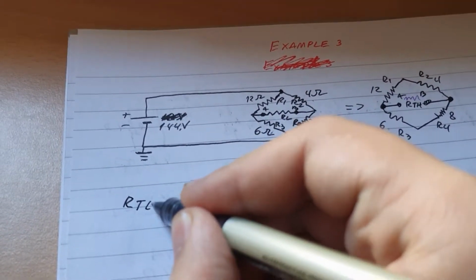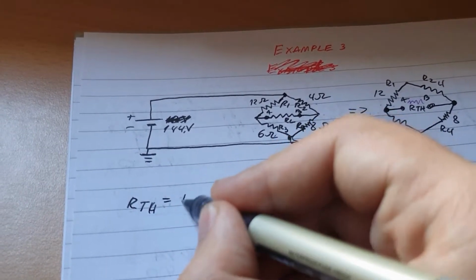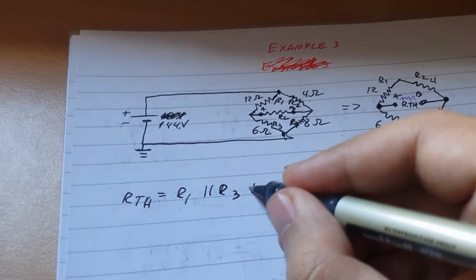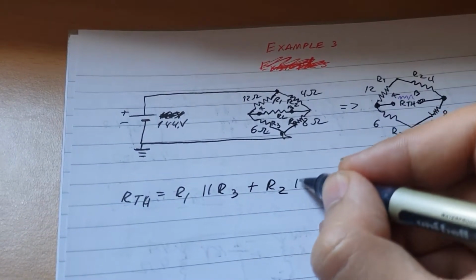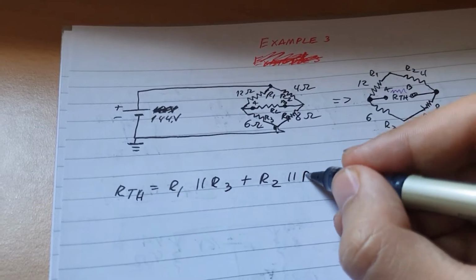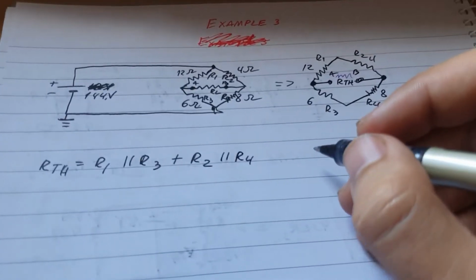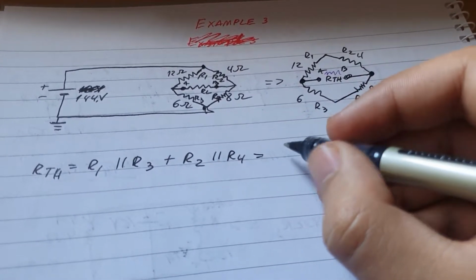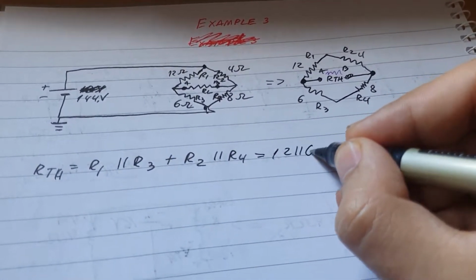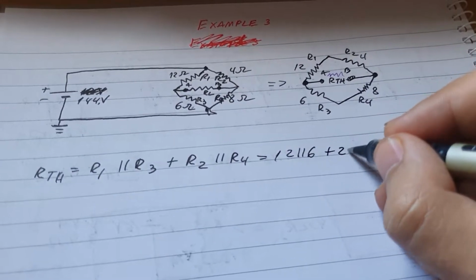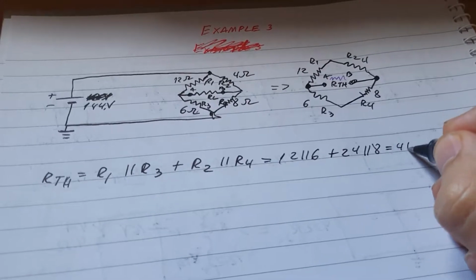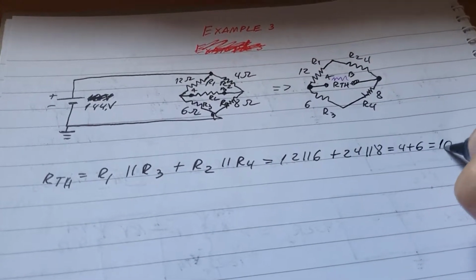So we can write R_TH equals R1 in parallel with R3 plus R2 in parallel with R4. So this will be equal to 12 in parallel with 6 plus 24 in parallel with 8. That will be equal to 4 plus 6, which is 10.